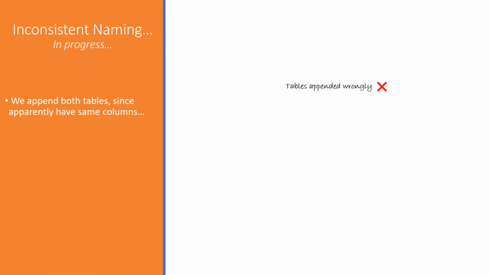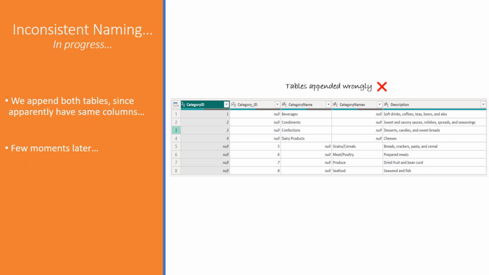Secondly, when we try to append these two tables, we get a new table which, instead of 3 columns, has 5 columns. It's pretty scary, because when we looked at it previously, it had only 3 columns.